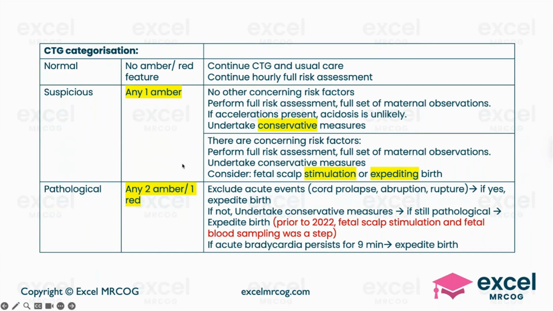I'm going to wait and I'm going to do scalp stimulation and see, or that I'm going to put her in lateral position and I'm going to check or mobilize her, move her and see. This is not what you will do. You might want to take her up now because this risk factor is what is coming into the picture.